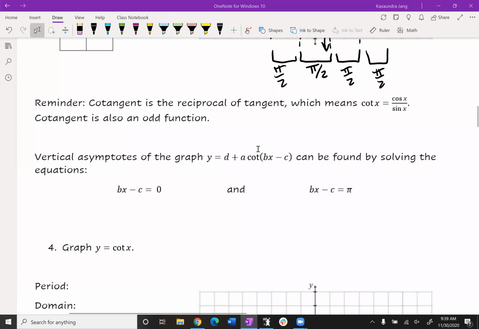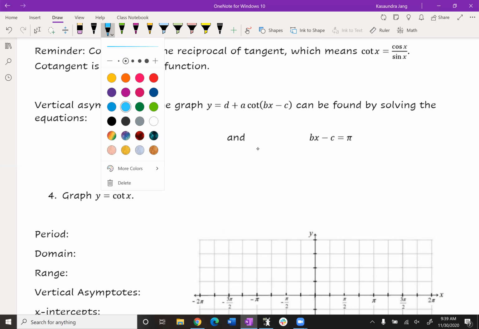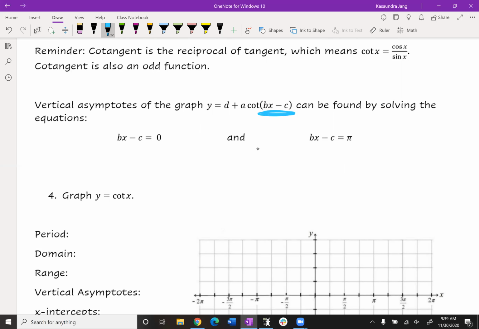It's got different asymptotes. Notice that I'm dividing by sine of x. So where the asymptotes are on this graph is going to be a little different. All right, I find the asymptotes by setting this stuff in the parentheses, not equal to negative pi halves and positive pi halves, but equal to 0.